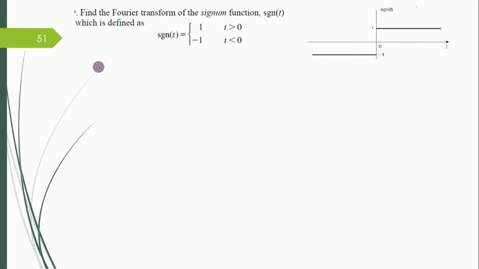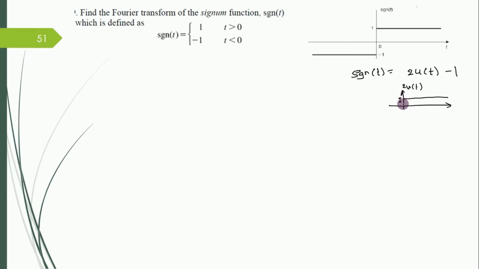To find its Fourier transform, the very first thing is I shall write it as, just here, the Signum function can also be denoted as 2 into u of t minus 1. 2 into u of t means, it is like this, u of t.